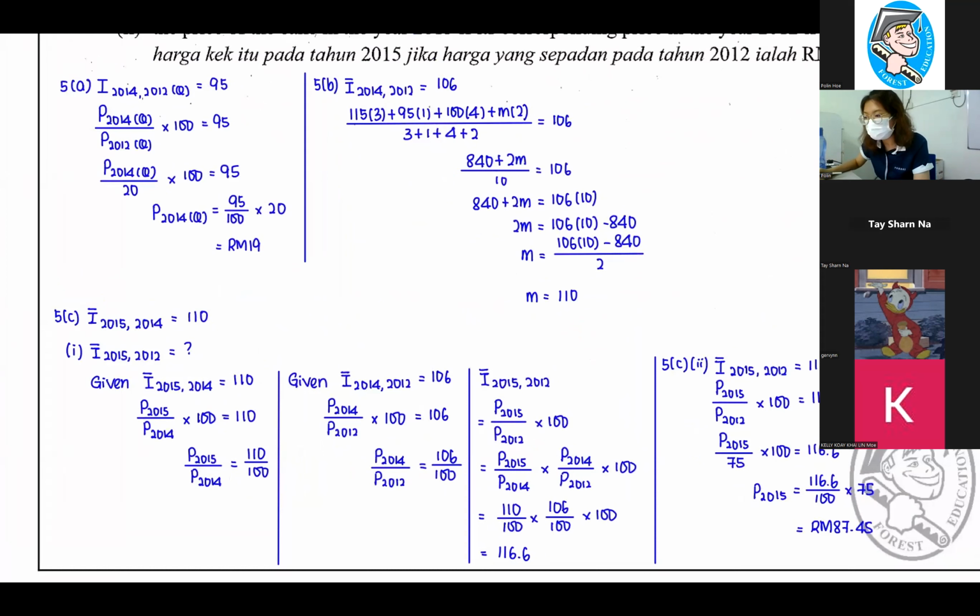There are the price indices and the weightages for 4 ingredients P, Q, R, S, used in making a cake. So whenever you see the price index for the cake, it is I bar. For ingredient P, Q, R, or S, it is normal I. Now, the composite index for the cost of making the cake in the year 2014 based on 2012 is 106.